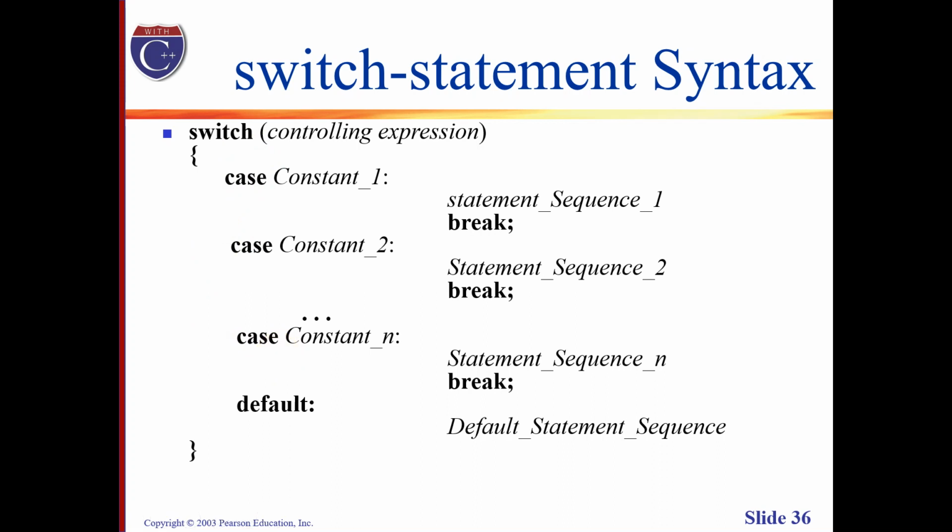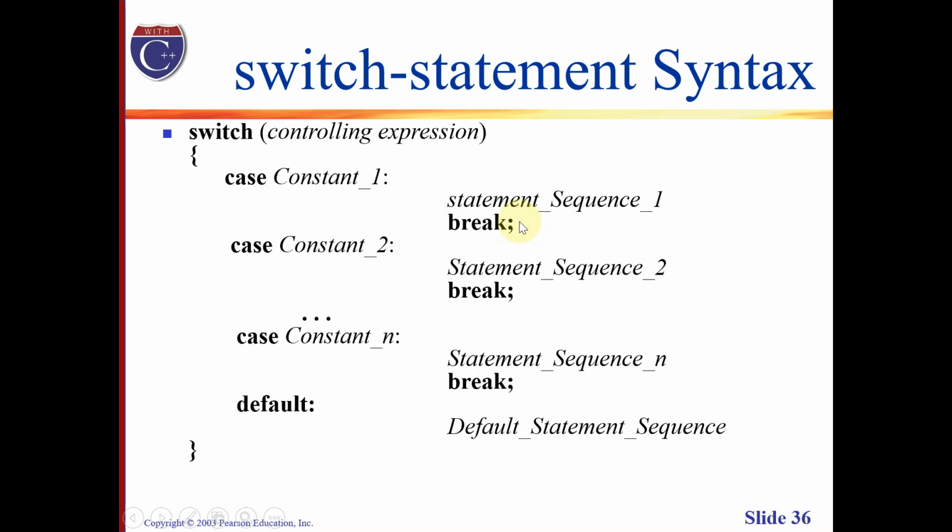And of course, we also have the break statement, which means for each case, we need to include a corresponding break statement. The purpose of this break statement is for this sequence to get out of our switch whenever it is completed.